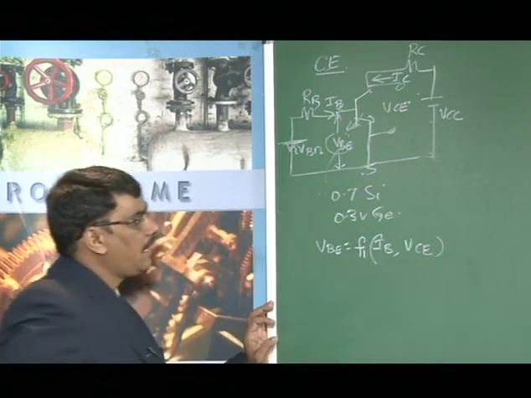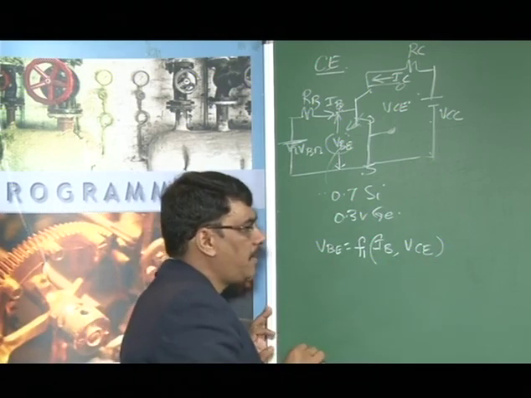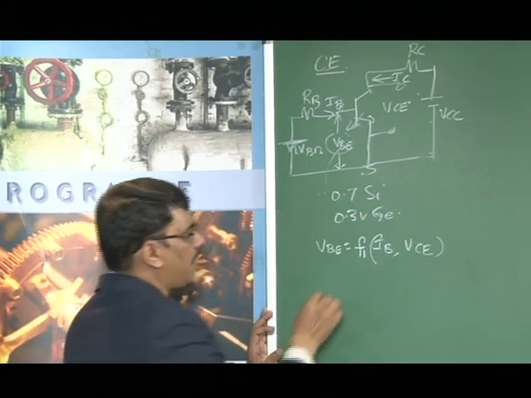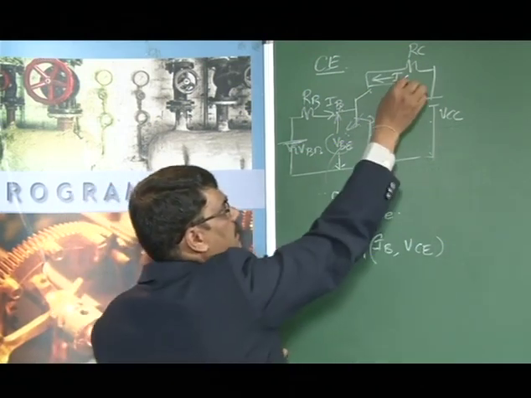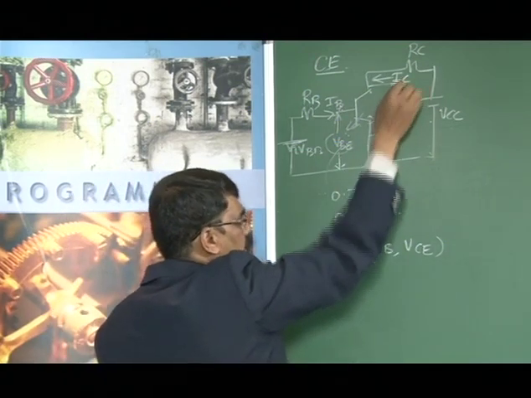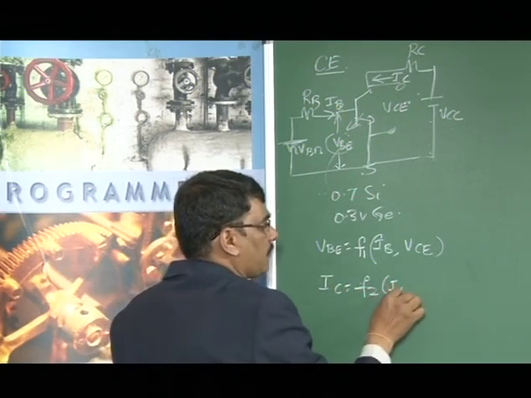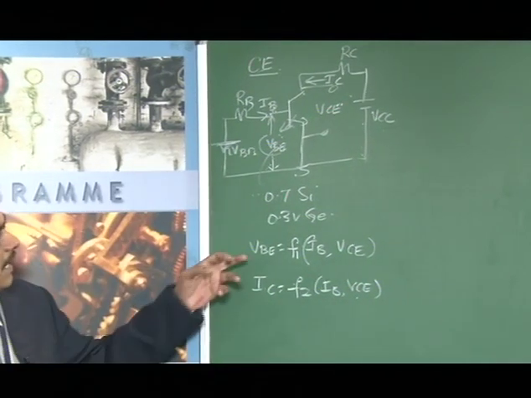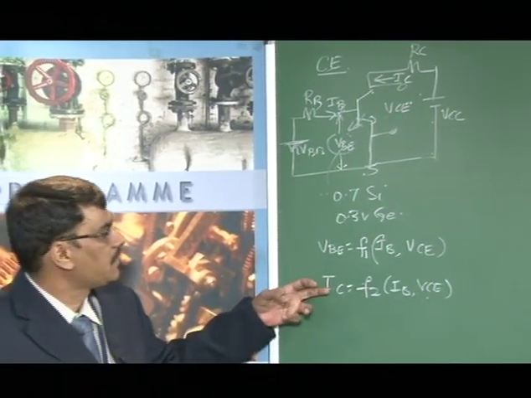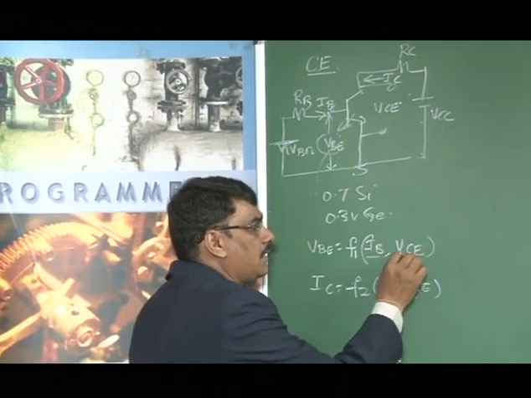We can say that the input characteristics are a function of IB and VC, and similarly the output characteristics, where IC is a dependent parameter, is another function of IB comma VC. Means both the input characteristics and output characteristics are functions of the input current and the output voltage.